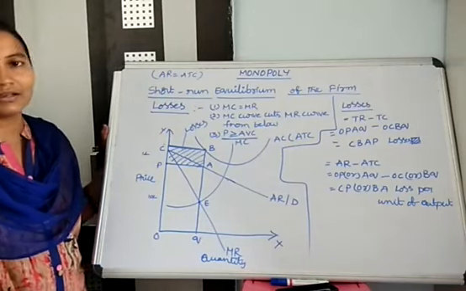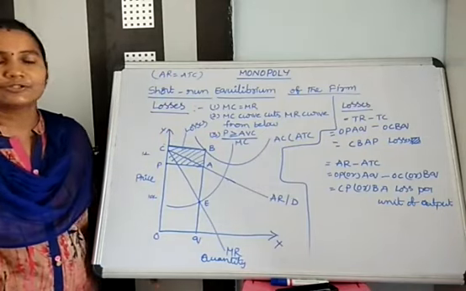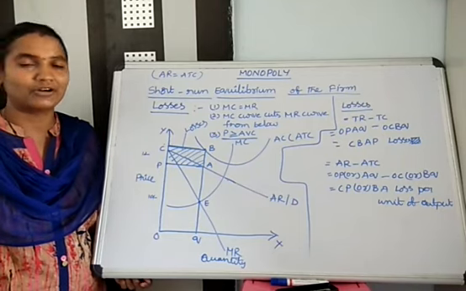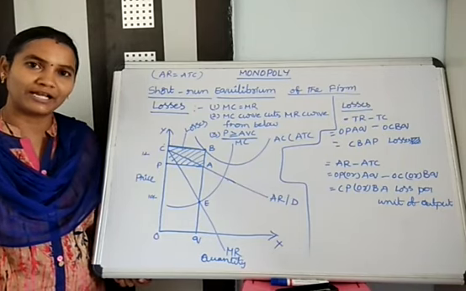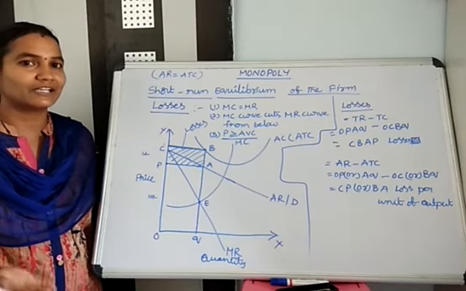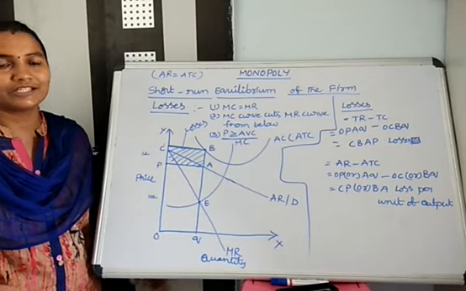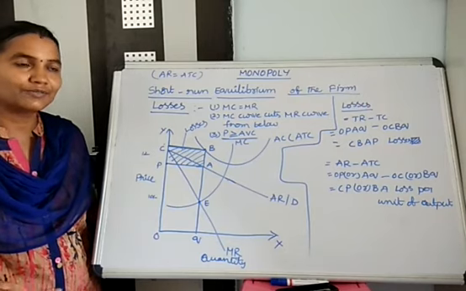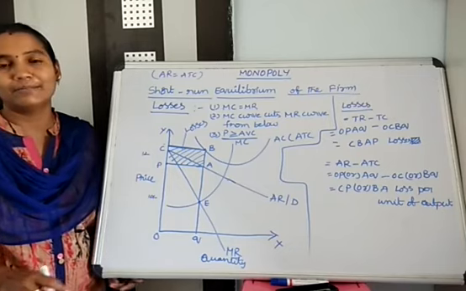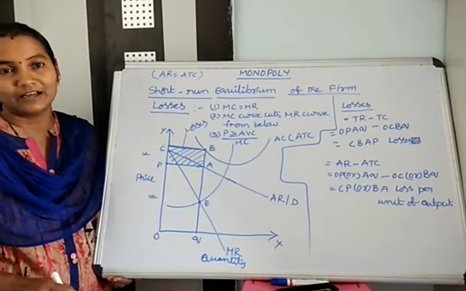But in the long run the firm will be getting supernormal profits only, because the producer produces only a single commodity and has no close substitutes for the product. So to get supernormal profits he uses different techniques, and there is no chance of entry of rival firms into the market. So this is the short run equilibrium of the firm, completed.